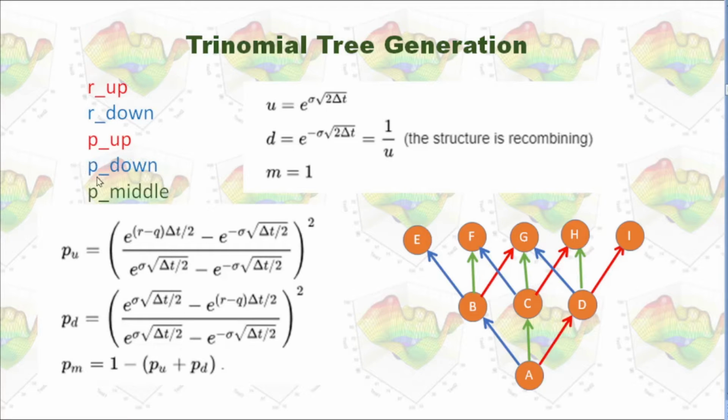P down means the probability of going down. P middle means the probability the rate will go flat. And so here you can see this is the formula, and this is the formula for the probability.